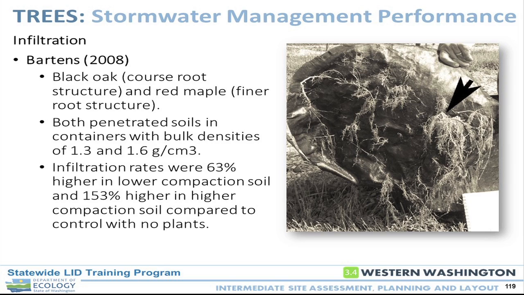Well, that's weird. How infiltration rates went up more in the higher compaction soil? Why is that? So the bottom line message here is that trees, as with other plants, can improve soil structure and infiltration rates. So another reason why emphasis on vegetation and trees in an urban environment.